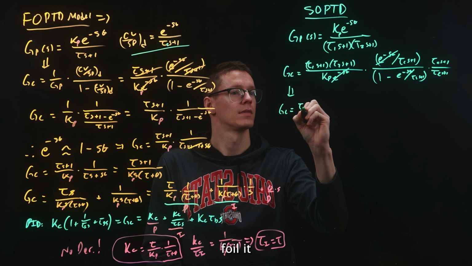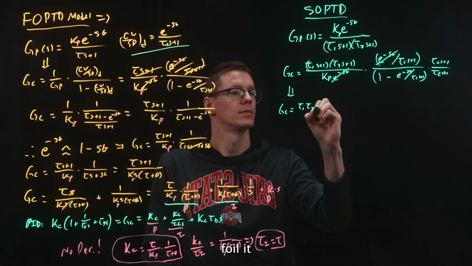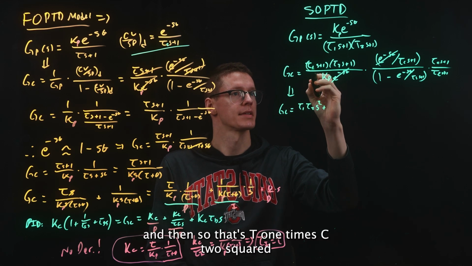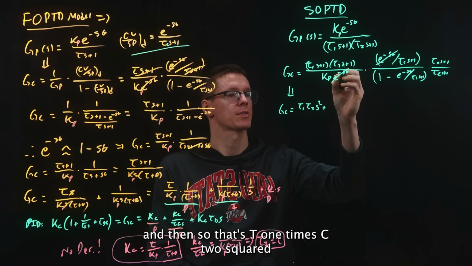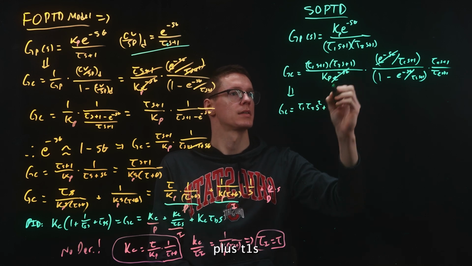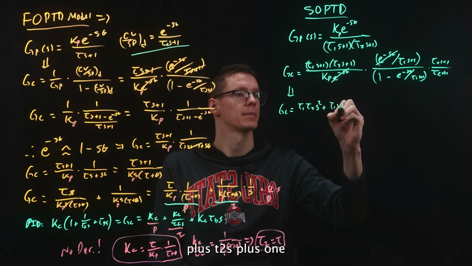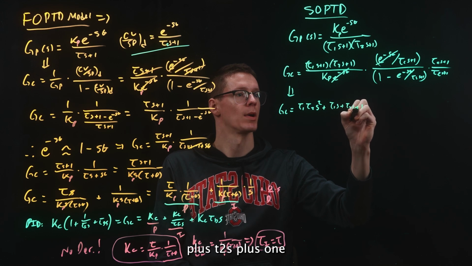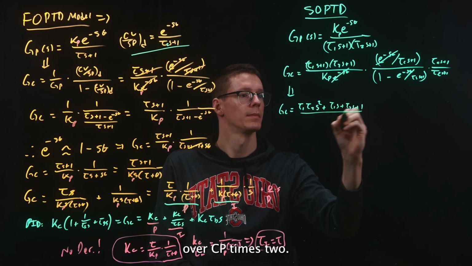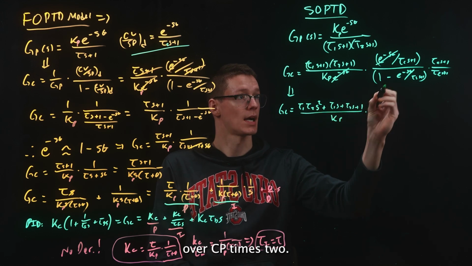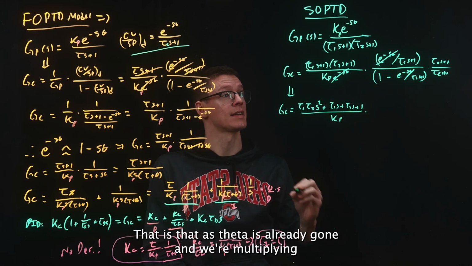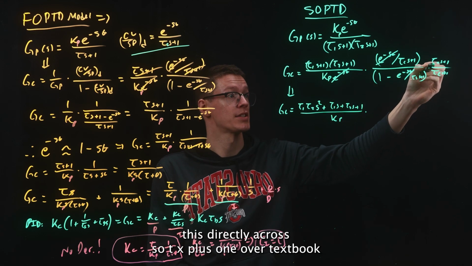So this becomes, FOIL it, and then so that's T1 times T2 s squared plus T1s plus T2s plus 1 over Kp, times that e to the s theta is already gone, and we're multiplying this directly across.